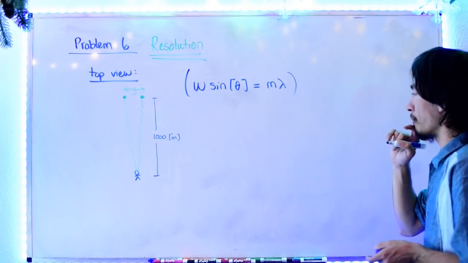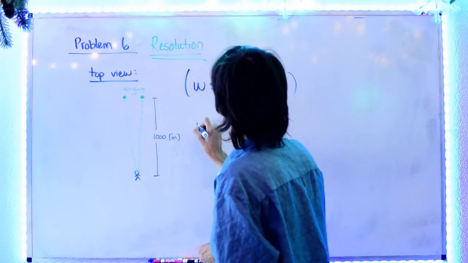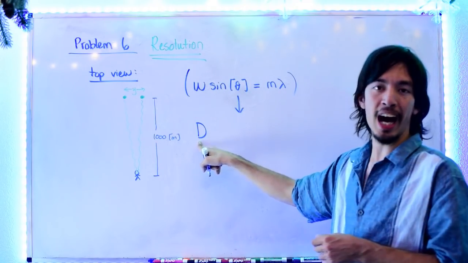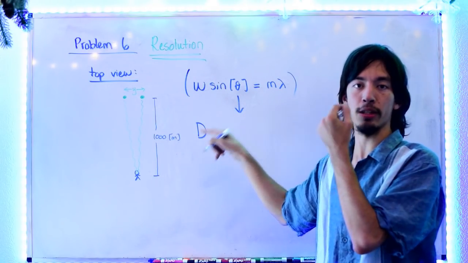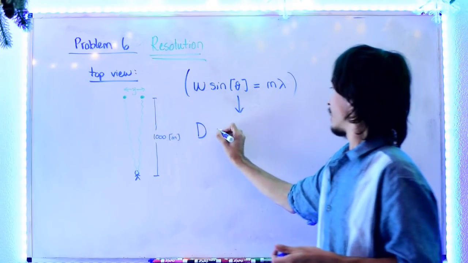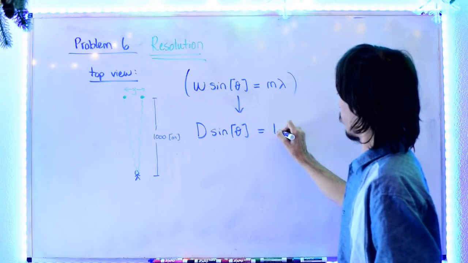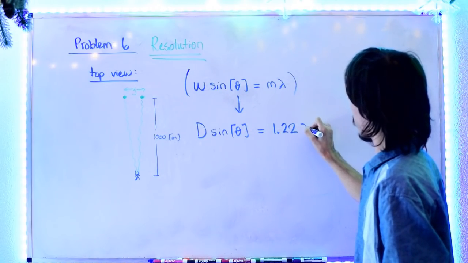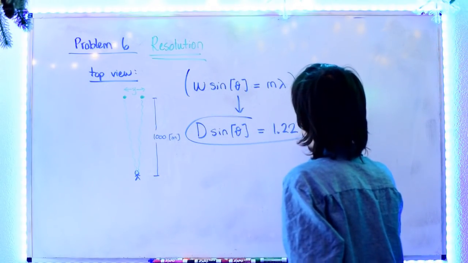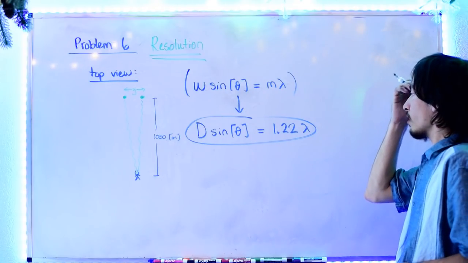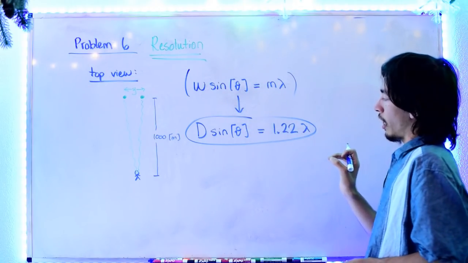This is going to become, so we're going to write it as capital D, the diameter of the aperture or the opening or your single slit, so it's like your slit width, D sine theta equals 1.22 lambda. Okay? So we're going to use this in this problem. I just noticed the similarities between the equations.